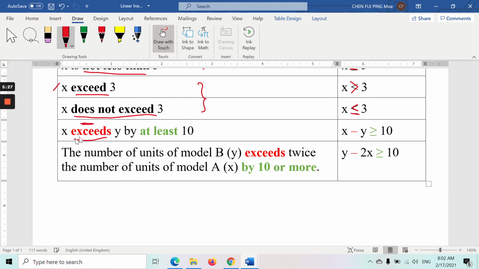Okay, I repeat again. If you have two keywords like this, exceed at least, then this exceed means using minus. Maksudnya, X melebihi Y sekurang-kurangnya 10.